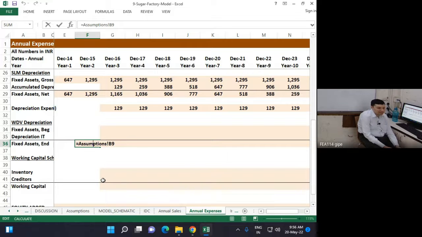Correct. And in the last year, we will completely depreciate it, and therefore the asset ending balance will be nil. So you'll have to adjust that entry accordingly.